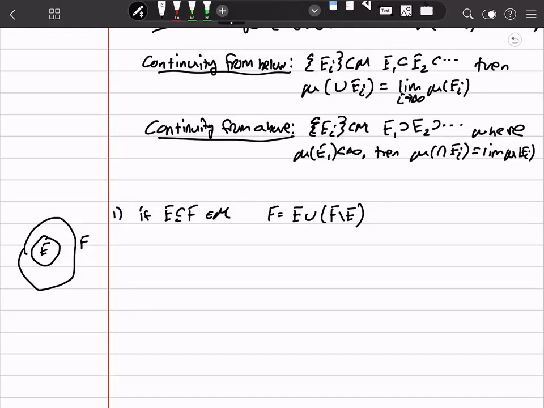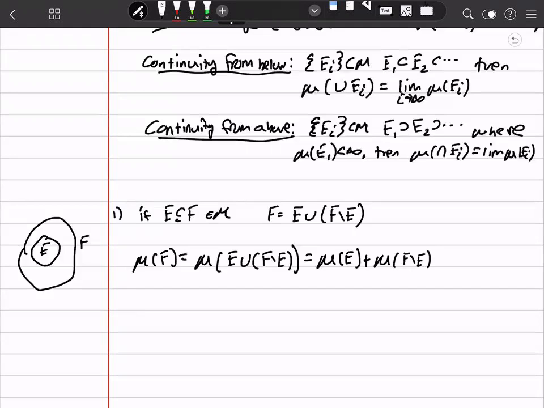Now this is good, because since we have this disjoint union, we have that mu of F is equal to mu of E union F minus E, which is equal to mu of E plus mu of F set minus E. Now from here we can notice that these are both positive measures.